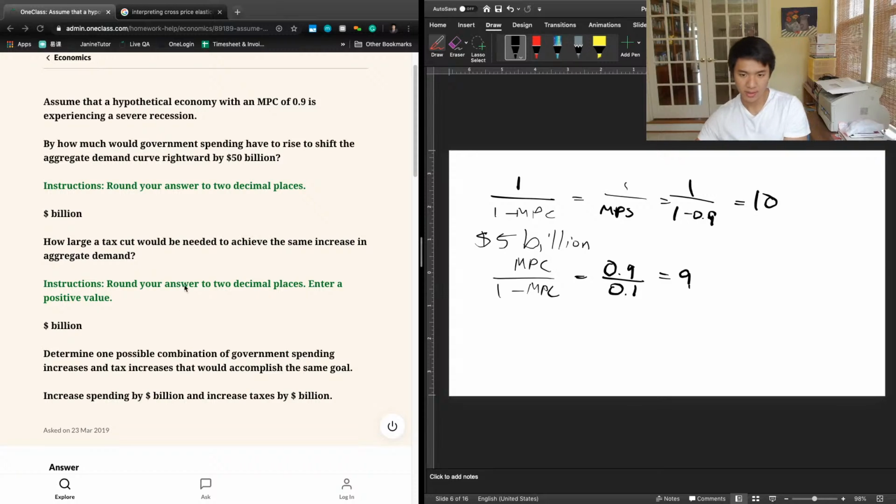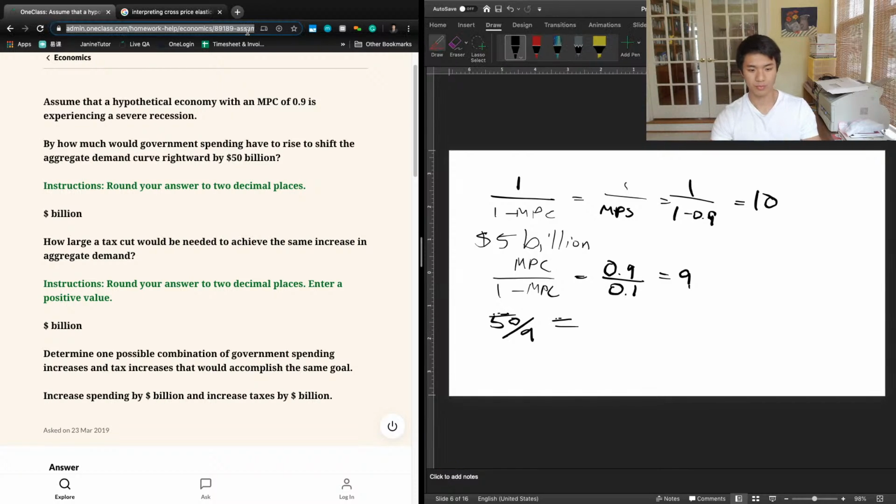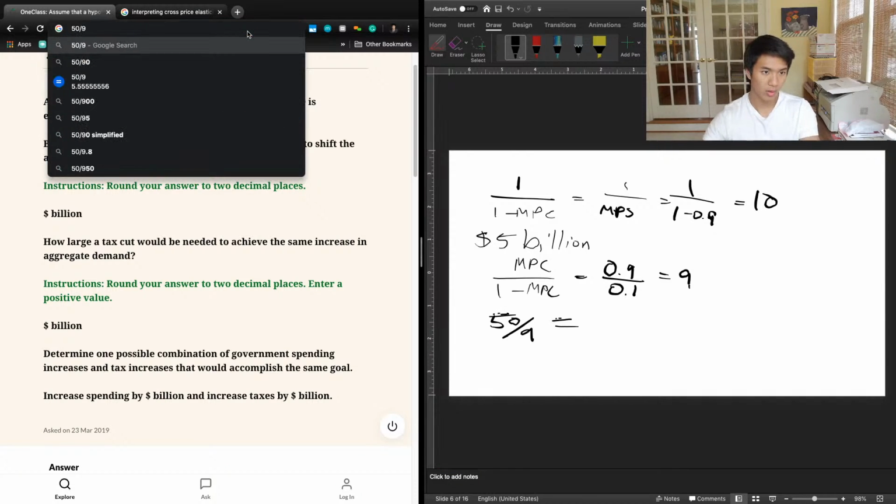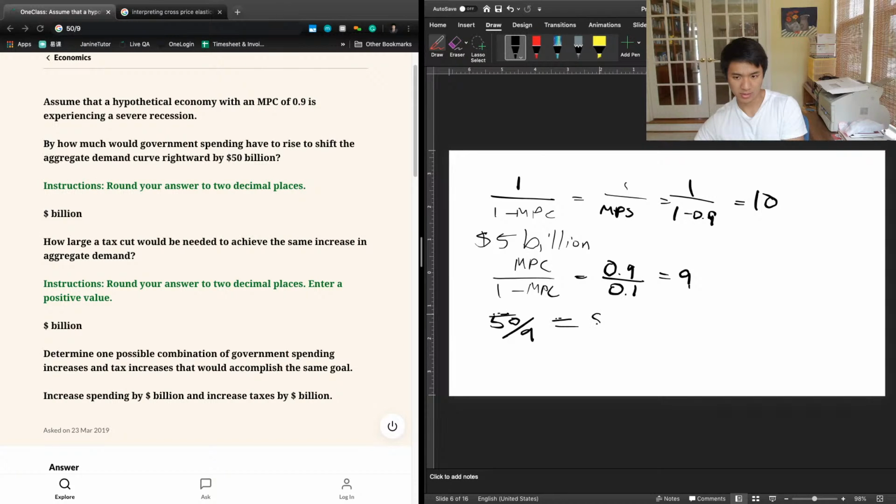So for a $50 billion increase in aggregate demand, we would need 50 divided by 9, which is equal to $5.55 billion, and that's how much we need to decrease taxes by.